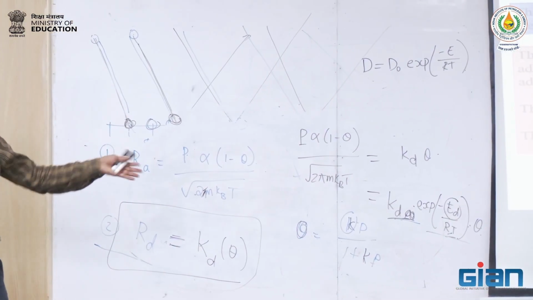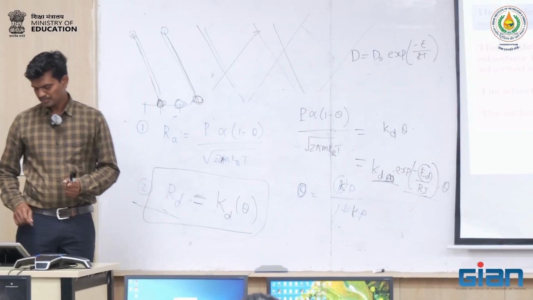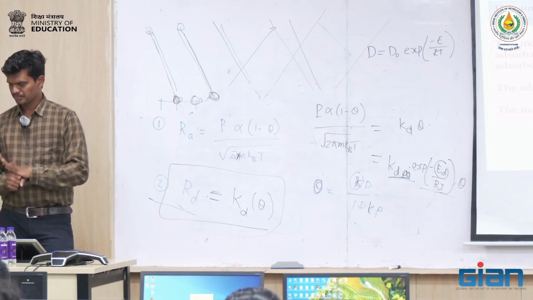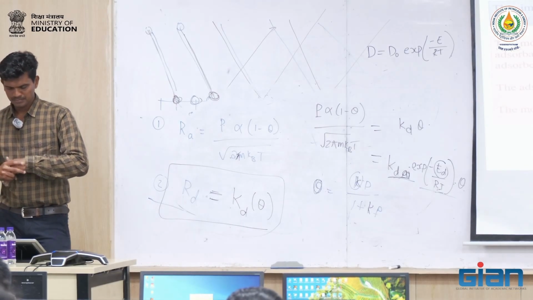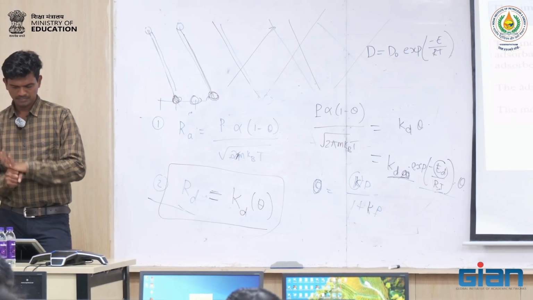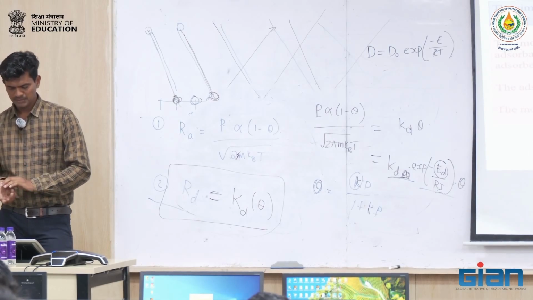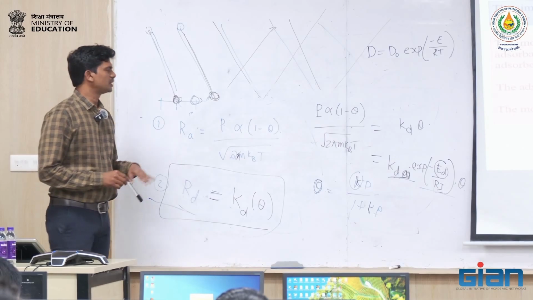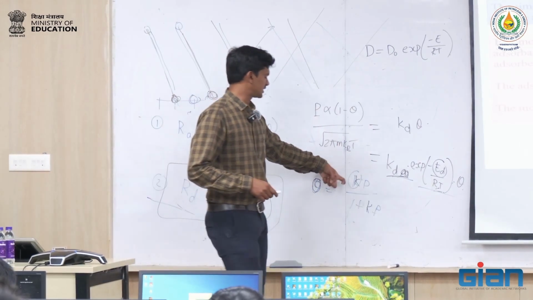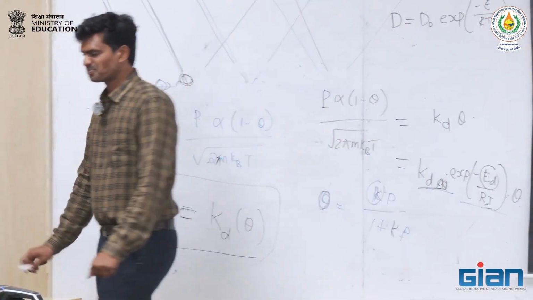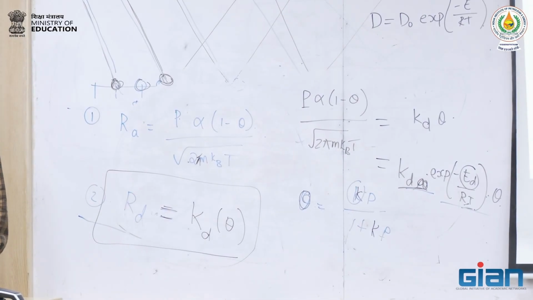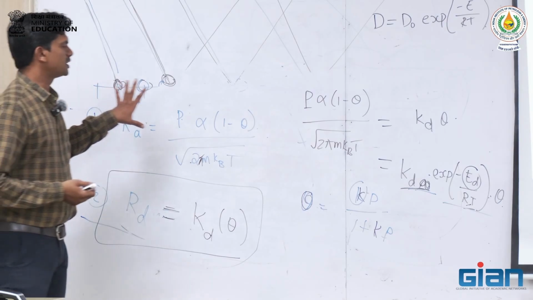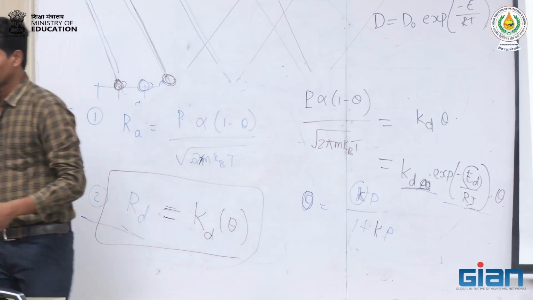You'll get a form something like this. Right, so this K depends on the temperature. So at different temperatures you will get different Ks. All good? So this is the basis for the Langmuir adsorption isotherm.